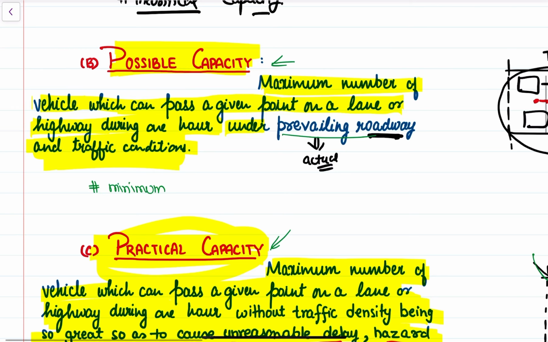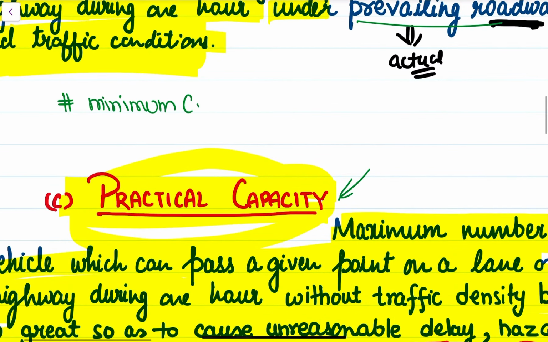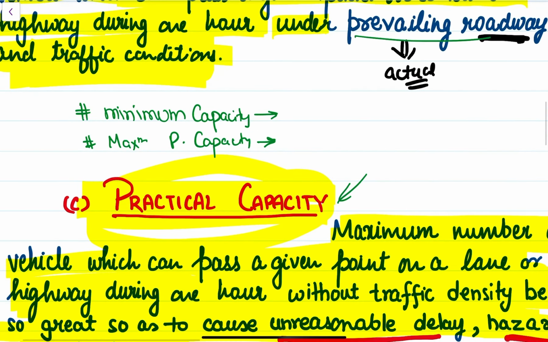And what will be the maximum value of possible capacity? Just pause the video here and think about it. Once you are done, think in your mind and then resume watching the video.